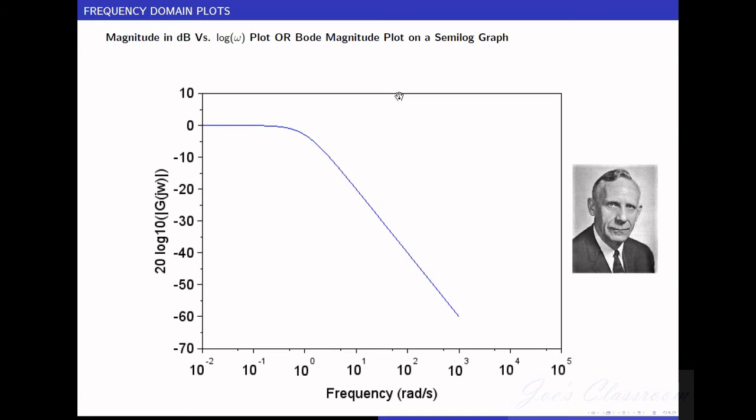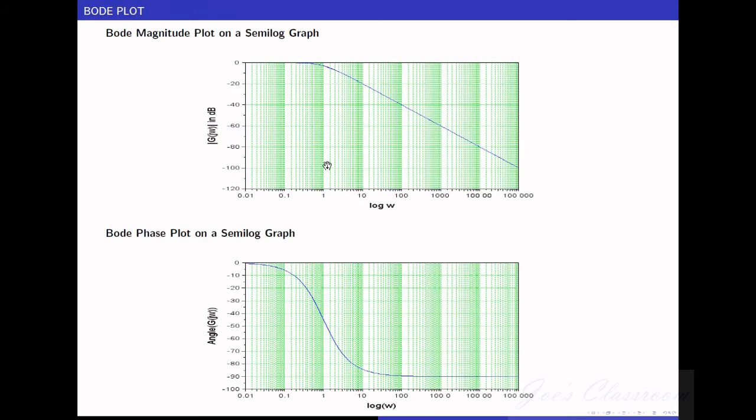When it comes to the phase, again, the phase angle in degrees is plotted against the frequency in a logarithmic scale. So this plot, we will be calling it as Bode phase plot.